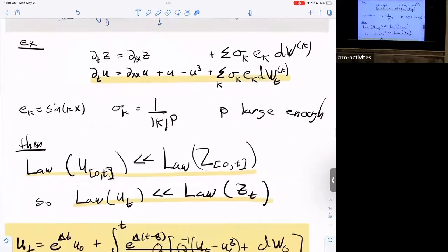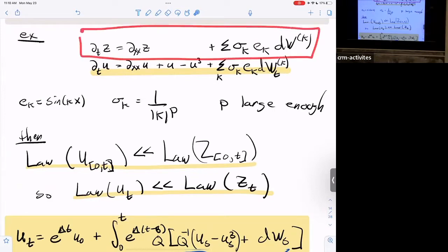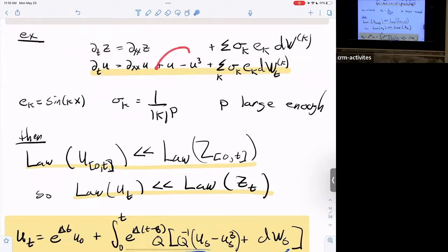Now if we take this reaction diffusion equation in 1D, we can actually prove that if I take the Gaussian measure here and the nonlinear equation here, then this becomes my H. I want to get rid of this nonlinearity. So we can prove that the law on paths of U is absolutely continuous with respect to the Gaussian measure.